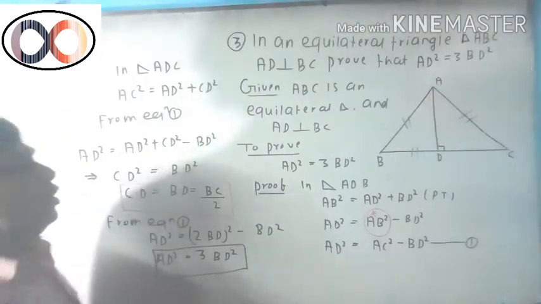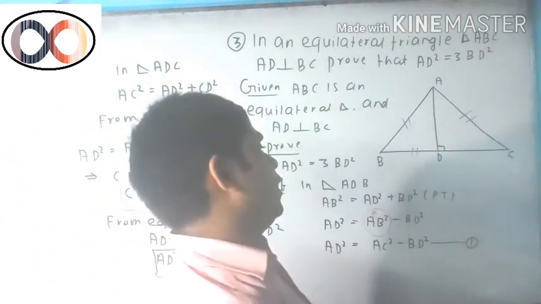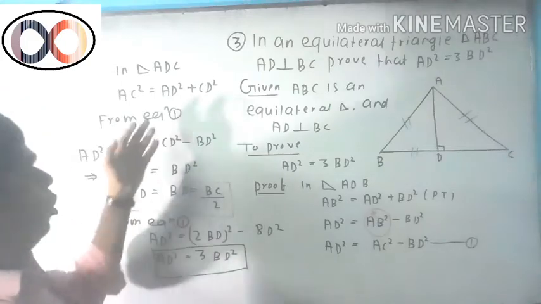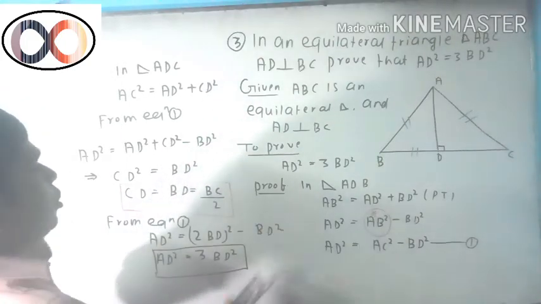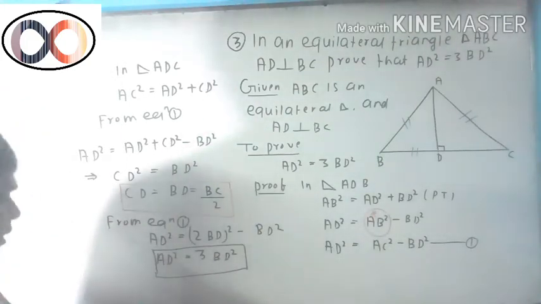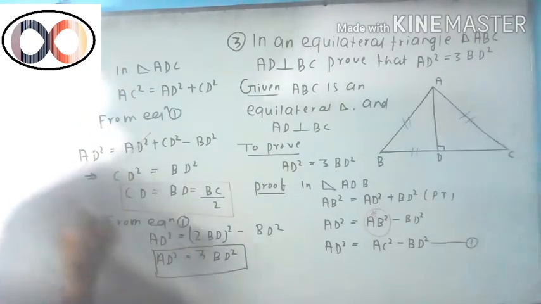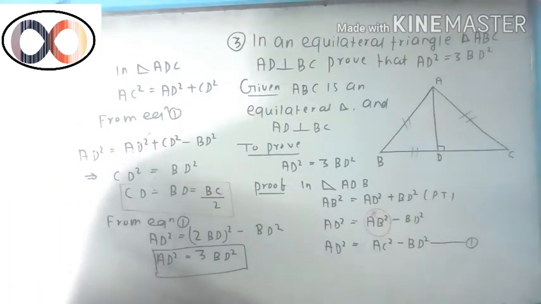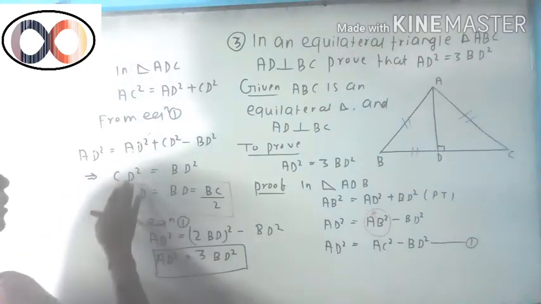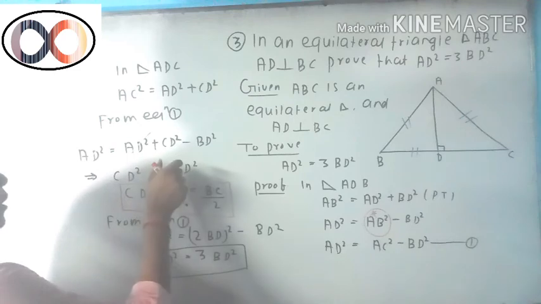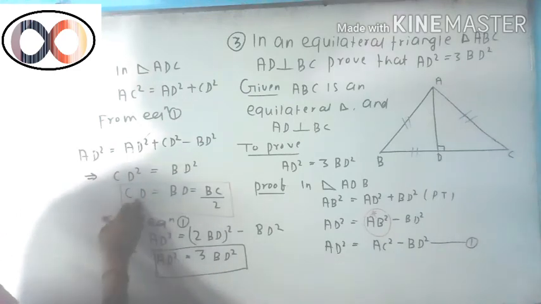You can solve it another way, but here we use the Pythagoras theorem and equate. AD square will be cancelled because both are equal, and we get CD square equals BD square. If the squares are equal, then the square roots are also equal.